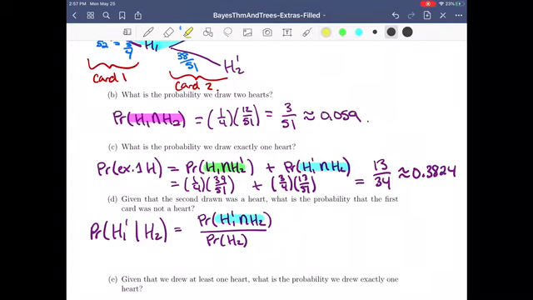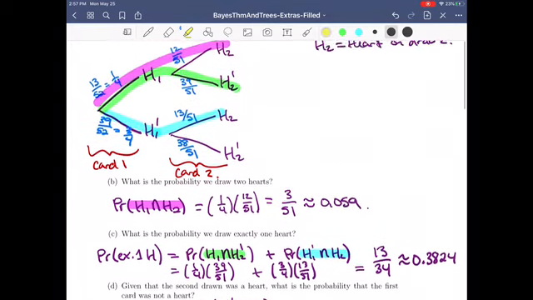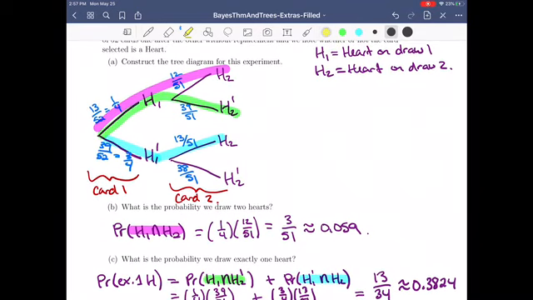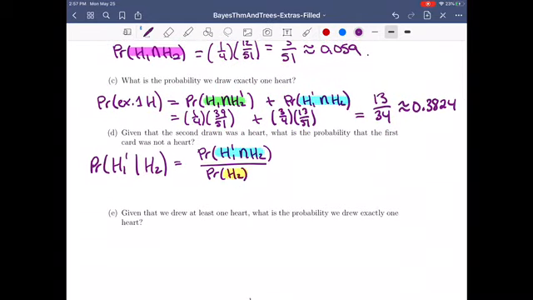Now for H2, what we want to do is look for every place where H2 occurs. So we want to multiply along those paths that end with H2, and we add different paths. So this first one, the top one here, is 3 over 4 times 13 over 51, just like we had.